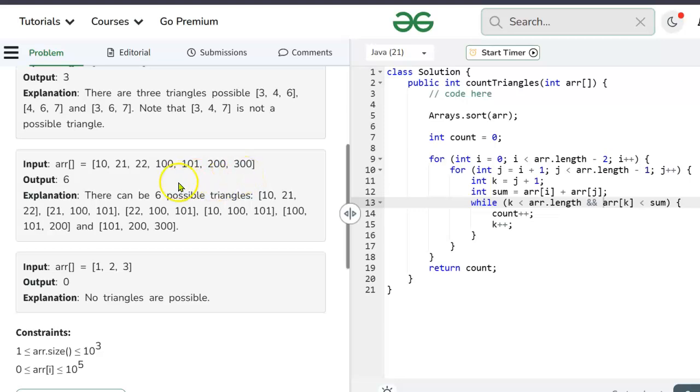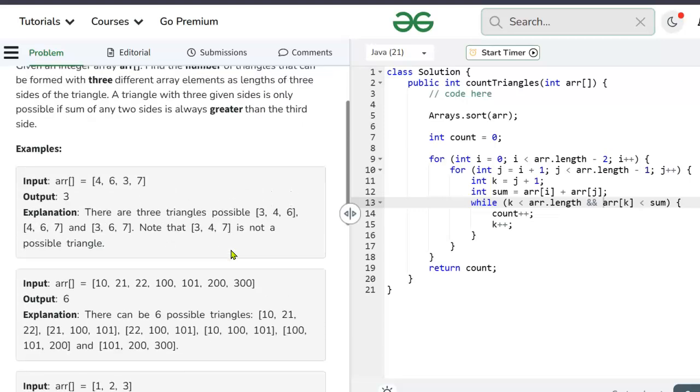If you took possible triangles, like say in this example, I'm going to take 21 and 22 and then 100. Where are you going to put the 100? That just isn't going to work.